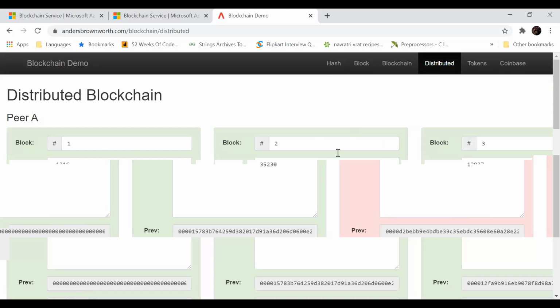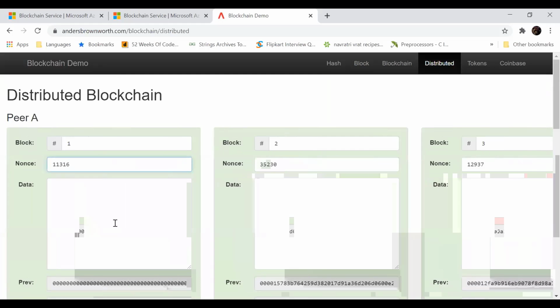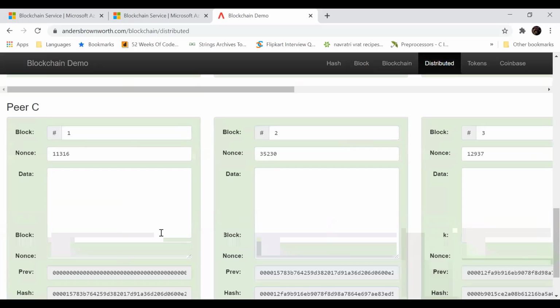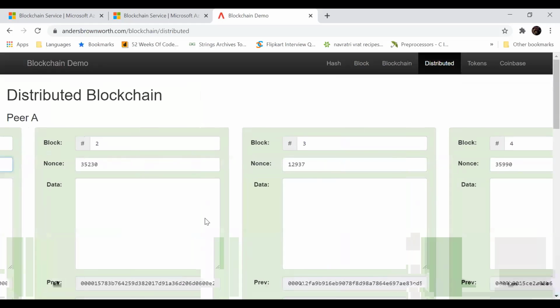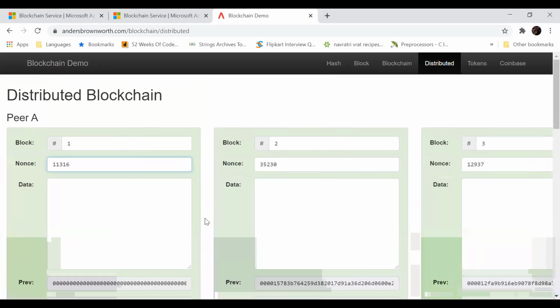Let me quickly show you what the distributed ecosystem looks like, because we have already seen that the ledger or the information is distributed across the parties who are a part of the blockchain. So if you see, peer A sees the same blockchain as peer B and peer C, and so on. So everybody who's a part of the network will see the same data being reflected across.